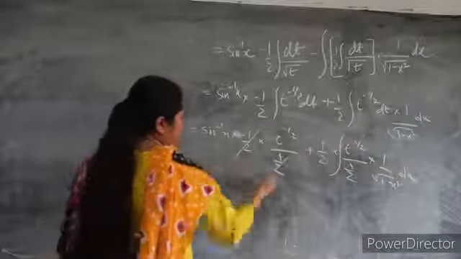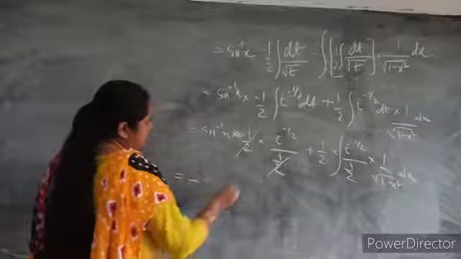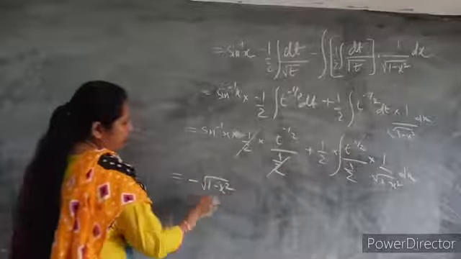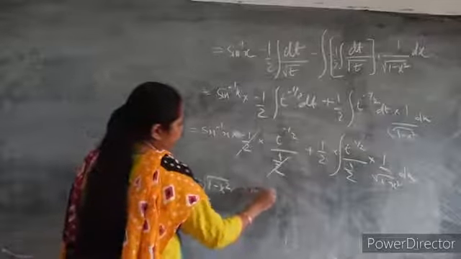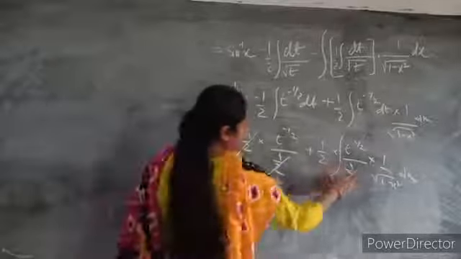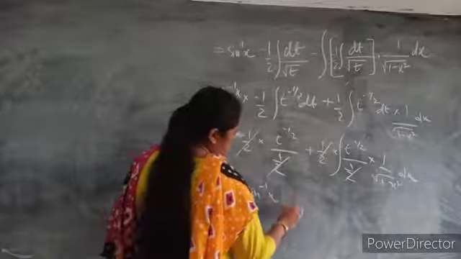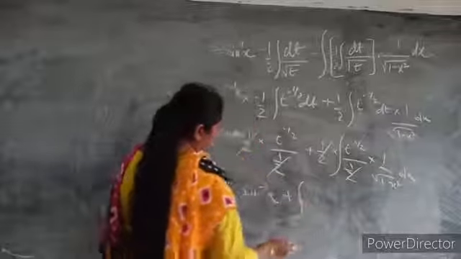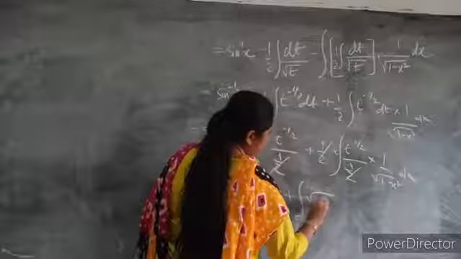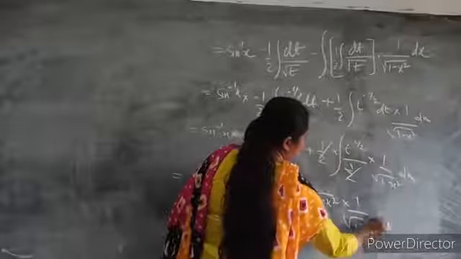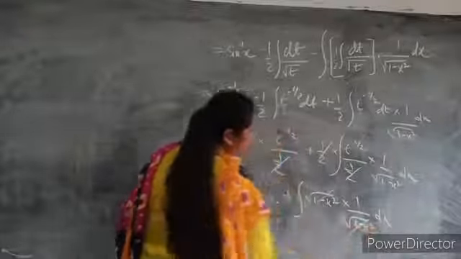So this part and this part will be cancelled. So minus t to the power half, and t was 1 minus x square, so we can write it in this way: sin inverse x. Again this half and this half will be cancelled. Plus integration t to the power half, with t being 1 minus x square, so this part and this part will be cancelled.